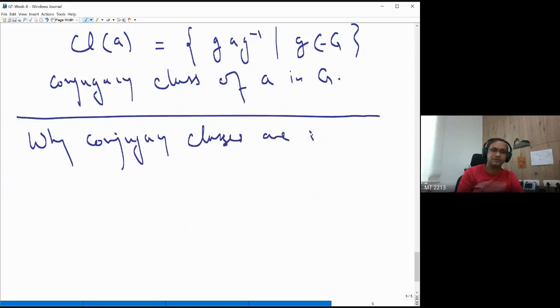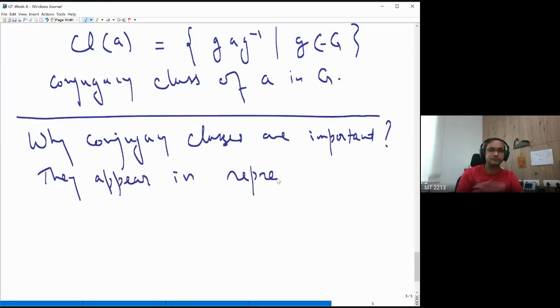They appear in representation theory. There is a very basic theorem, one of the first theorems you'll prove in representation theory of finite groups, which is the following.